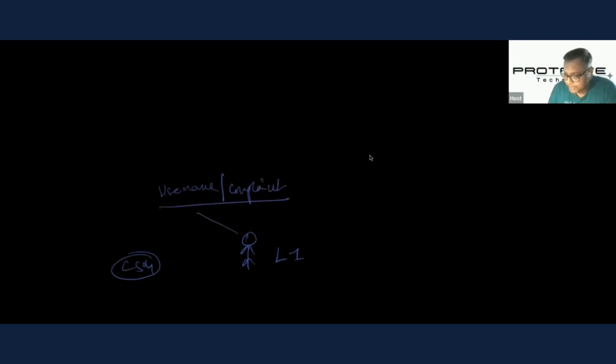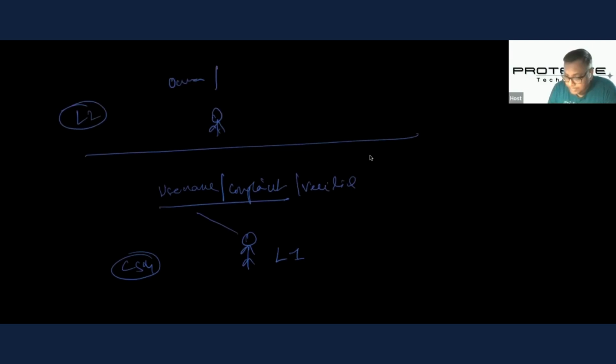Once he has verified the complaint, he escalates the complaint to the L2, right? Now, L2 has got access to username, has got access to address, and has access to certain verification data, right? And he has got the controls to resolve the problem, right?